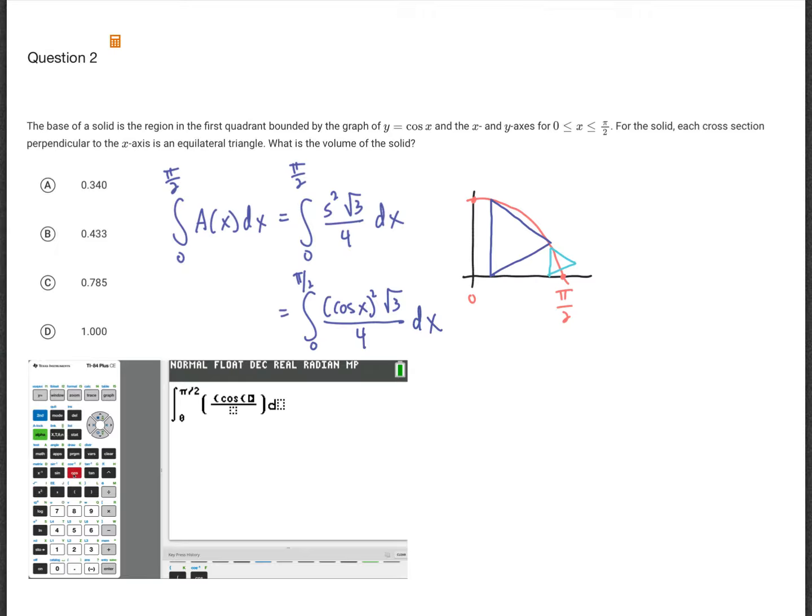When you're typing in cosine squared, you do cosine x in parentheses and then square it. Notice the whole cosine is in parentheses and then squared on the outside. Then we'll just do root 3 over 4, and that'll be the answer there. So that ends up being A.